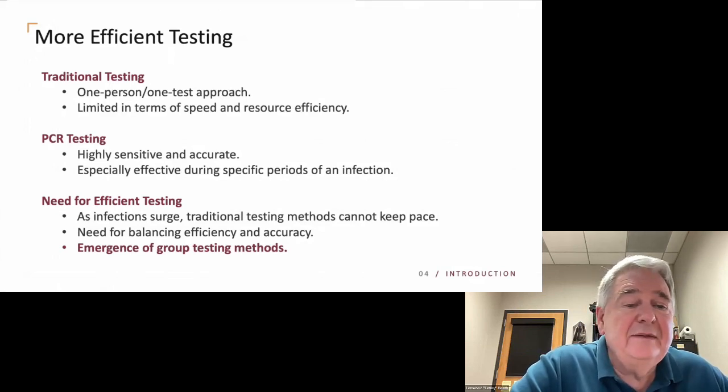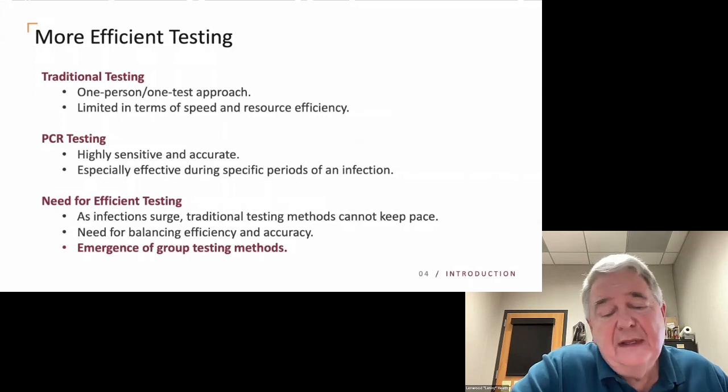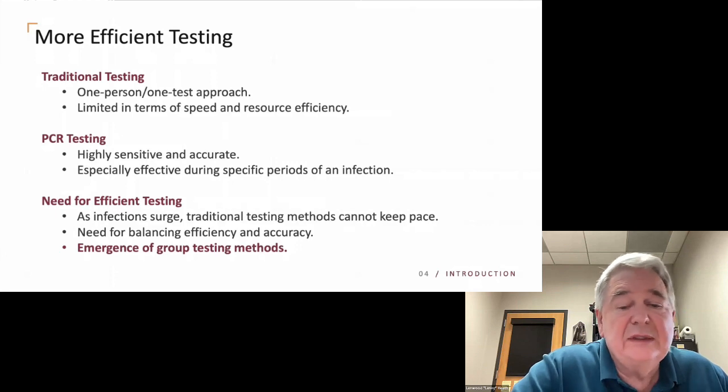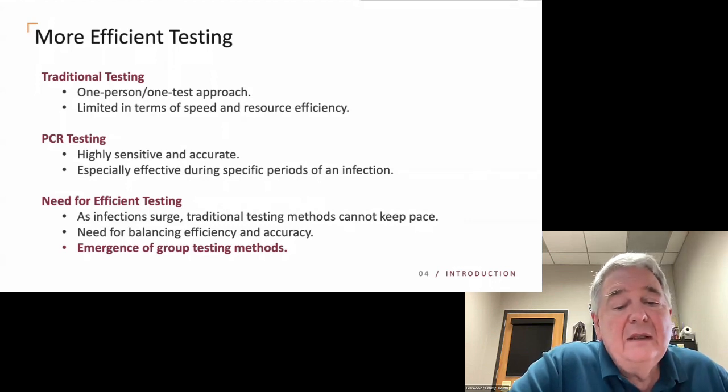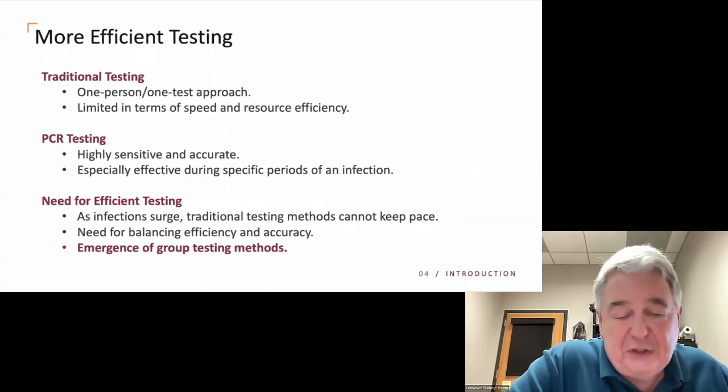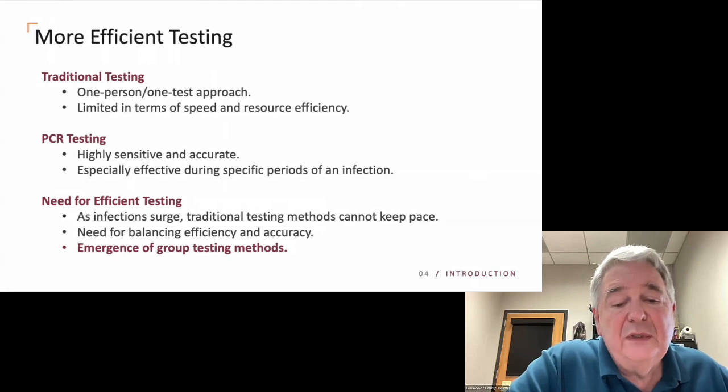It's especially effective at a certain period during the time that a person is infected. We want to think about whether we have enough resources in, say, a resource-limited environment to do PCR testing, and to be more efficient in terms of the use of resources, we can use group testing.